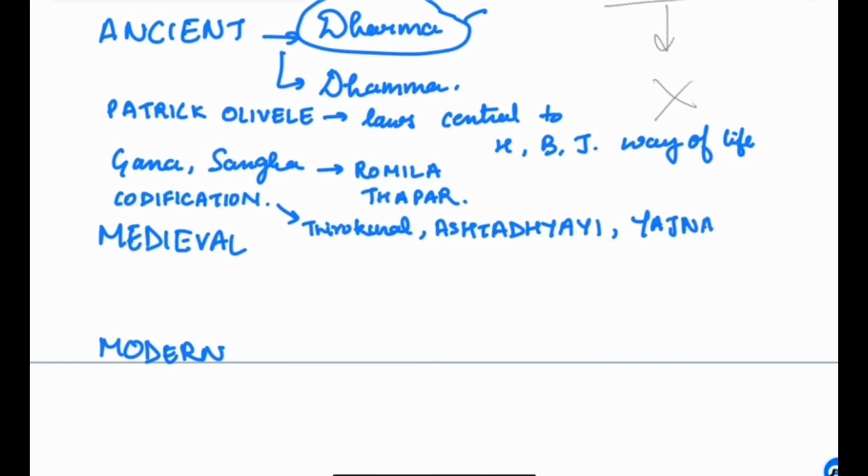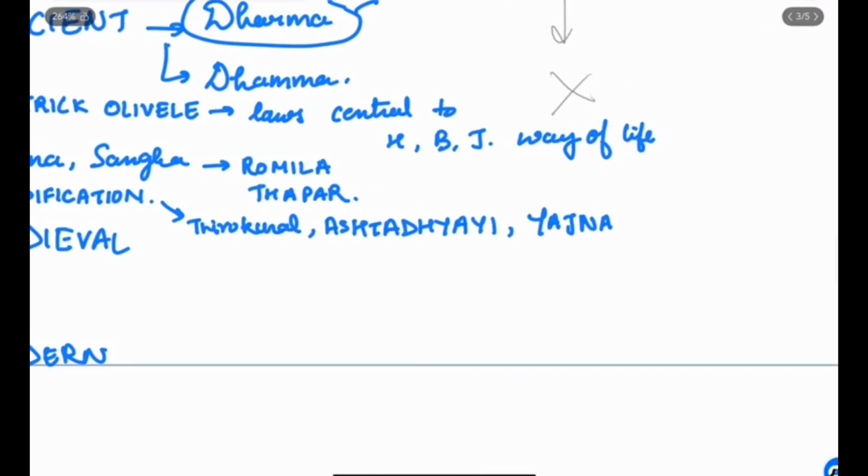There are many other examples. There is the Brihaspati Sutra and everything. All of these literatures include some sort of codification of laws.